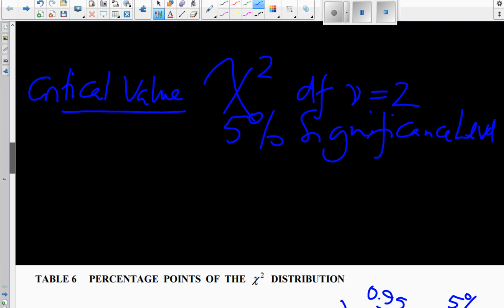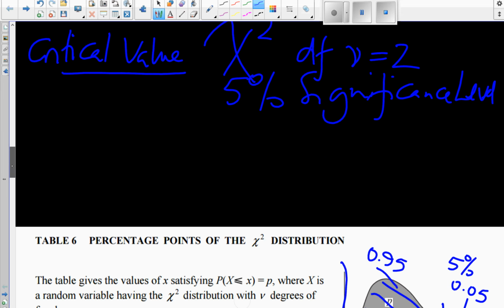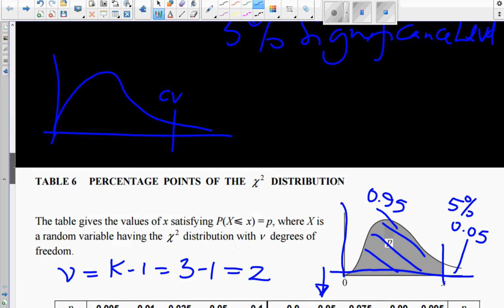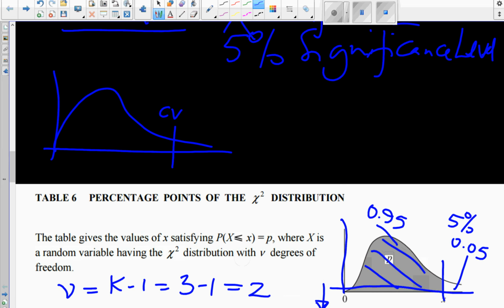It's important that as we're using a chi-squared distribution, our diagram looks like that in terms of creating our Ho-H1 line. We're going to have a critical value, which we've worked out just now to be 5.991.